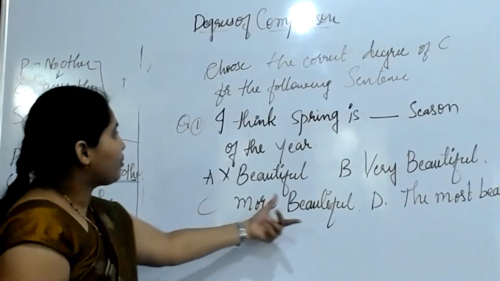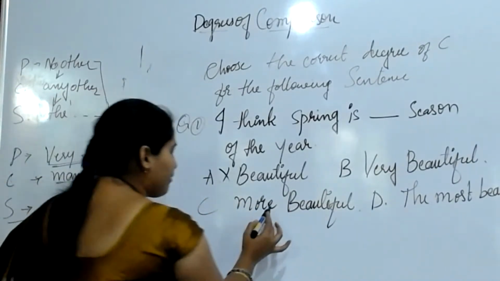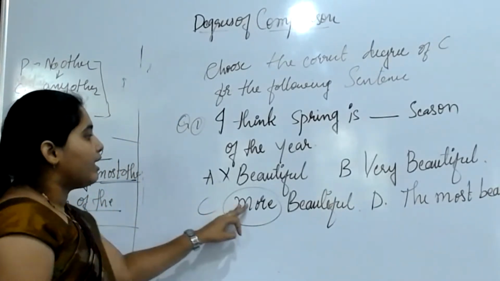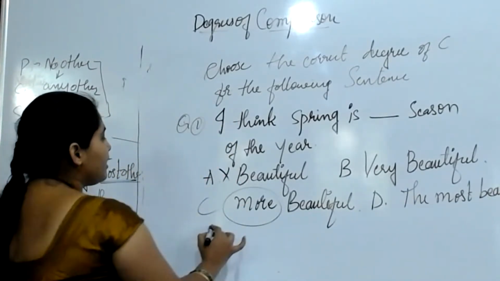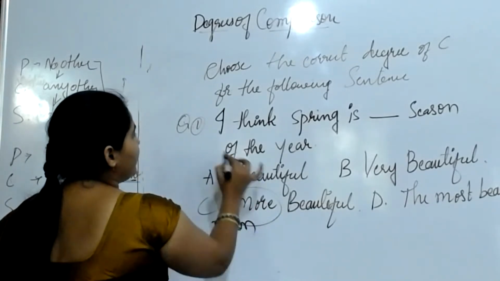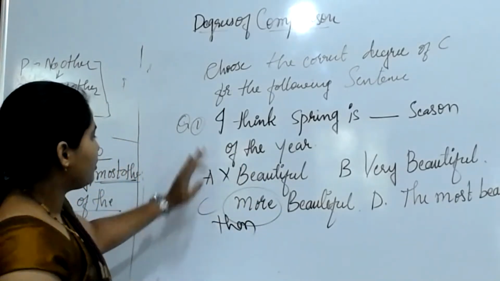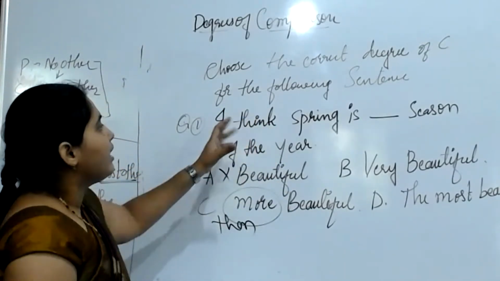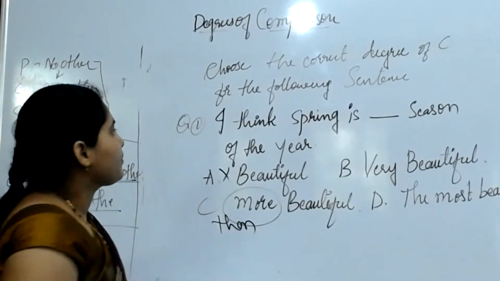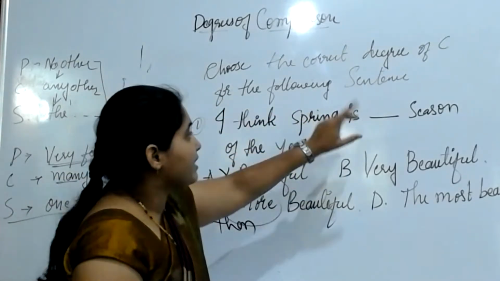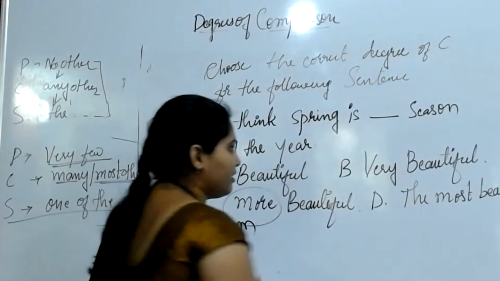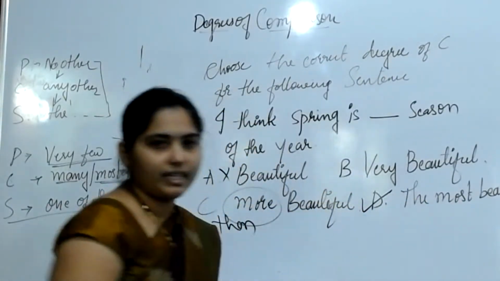"More" we use in the comparative degree, and if it is the comparative degree, there would be "than" in the sentence. There is no "than" in the sentence. So this is: I think spring is the most beautiful season of the year. So option D is the correct answer.